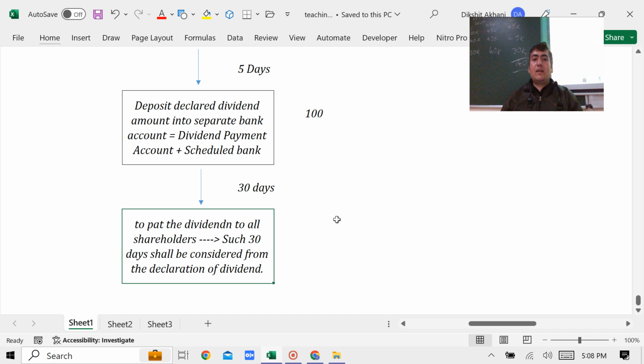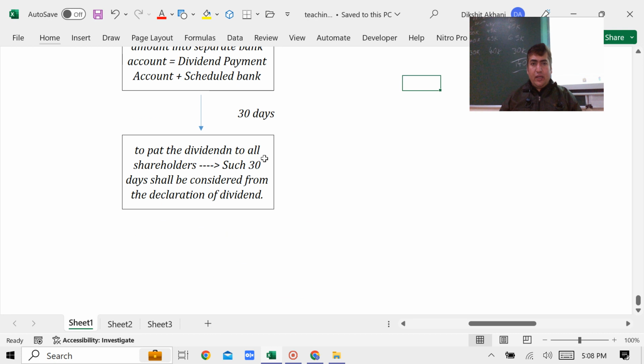Till then, within 30 days, you have to ensure that it reaches everyone in the same bank account that the shareholders have provided. But still, it is quite obvious that there are two kinds of possibilities. Possibility number one and possibility number two.